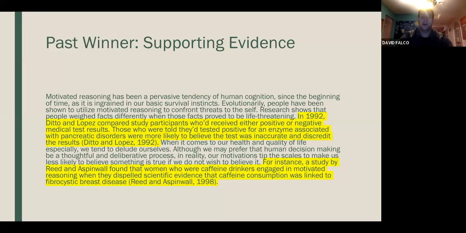Those who were told they tested positive for an enzyme associated with pancreatic disorders were more likely to believe the test was accurate and discredit the results. And then he says at the end, for instance, a study by Reed and Aspinwall found that women who were caffeine drinkers engaged in motivated reasoning when they were dispelled scientific evidence that caffeine consumption was linked to breast disease.